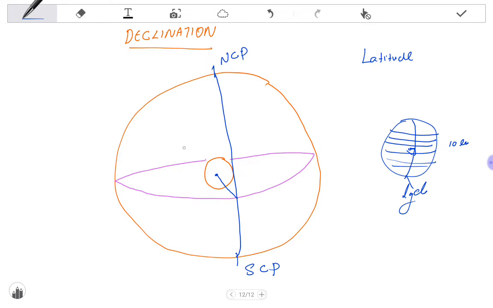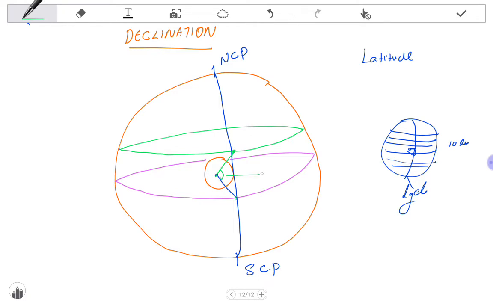For example, there is another declination circle above the equinoctial. So how do we measure the value of this declination circle? From the center of the Earth, if you draw a line between the equinoctial and this declination circle, there is an angle formed.